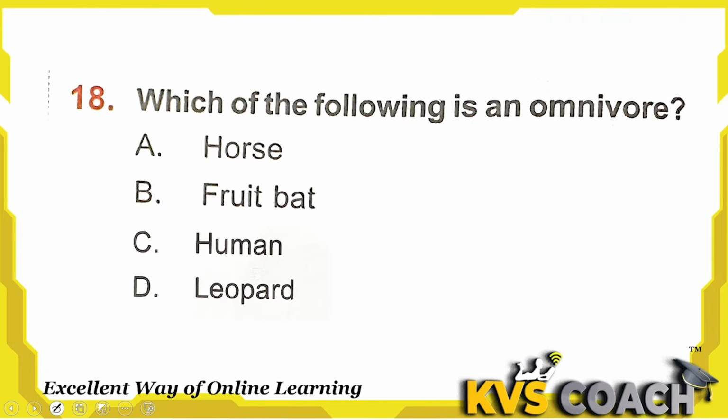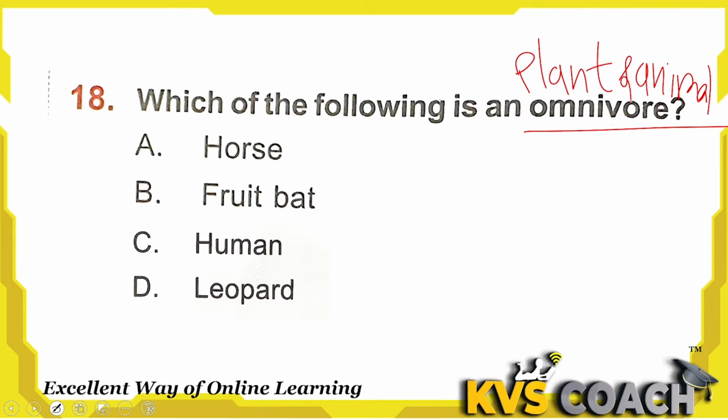Next is, which of the following is an omnivorous? Do you know what omnivores are? Yes, you already studied that in the 4th class, I think also in 3rd class. Omnivores are the animals which can eat plant and animal both. Plant plus meat, flesh or animal, you can say. Horse is a herbivorous because it eats only grass. The animals which only eat grass are known as herbivorous.